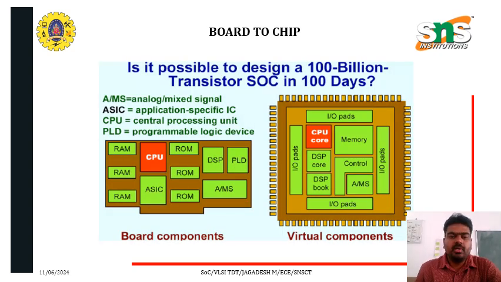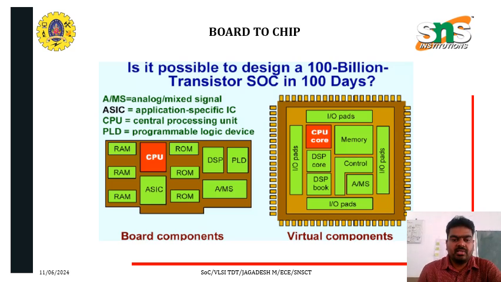Board to chip. Is it possible to design a 100 billion transistor SoC in 100 days? The board components are there: RAM, ROM, CPU, ASIC, DSP, PLD, everything. Is it possible to combine everything in a single chip?